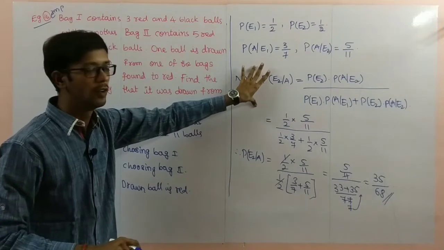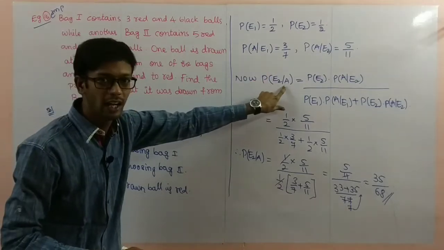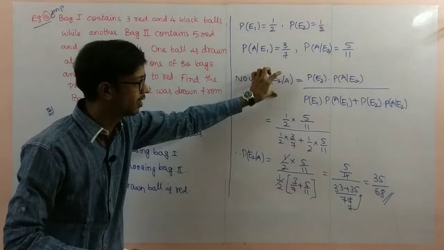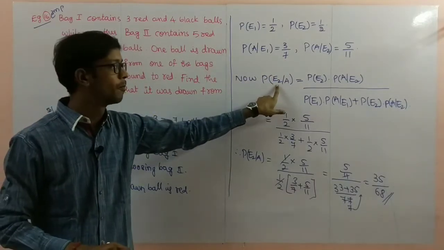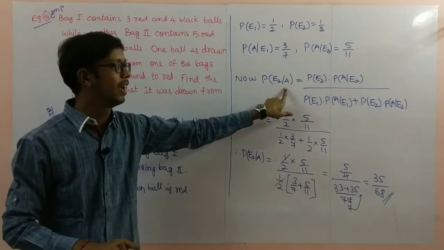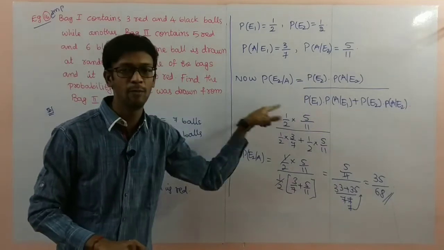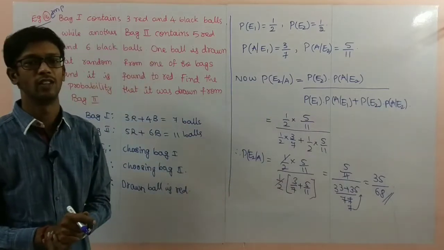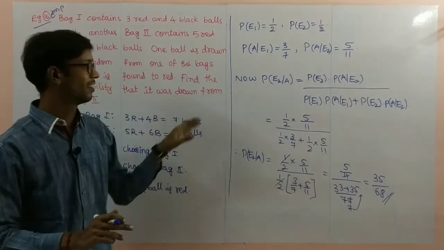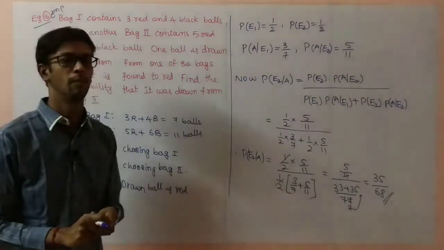Next, which one is asked, E2 by A or E1 by A, is very important. Here it is bag 2, so that's why I am taking probability of E2 by A. Next, I use the Bayes theorem formula, then substitution and simplification. Very easy, but understanding is very important. So pause the video to note it.